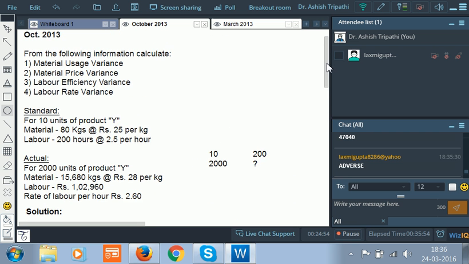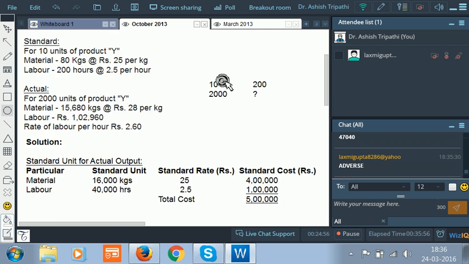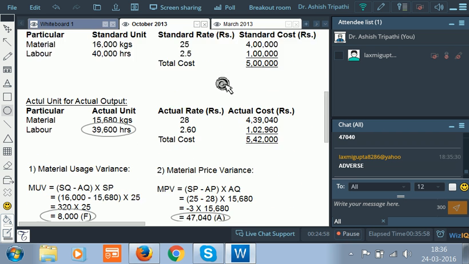Okay, now the next thing that we will have to calculate is labor efficiency variance.